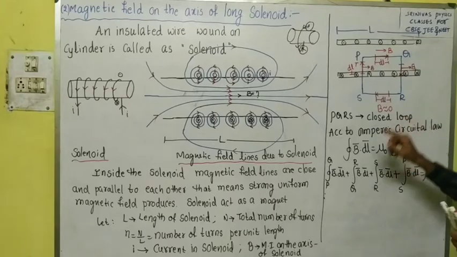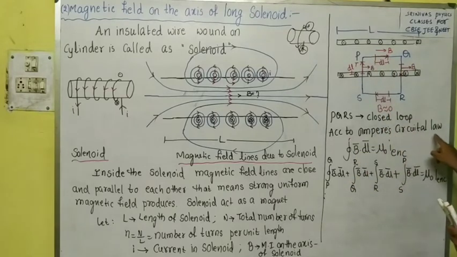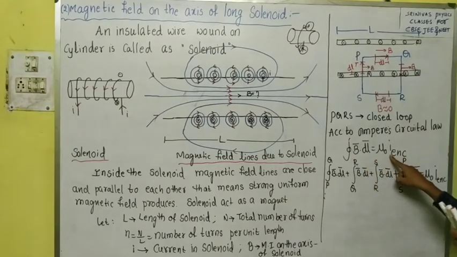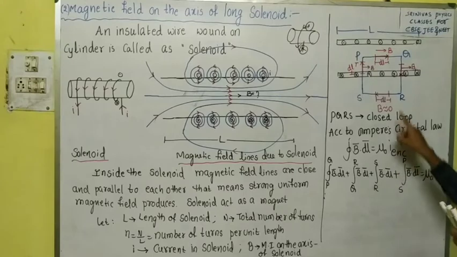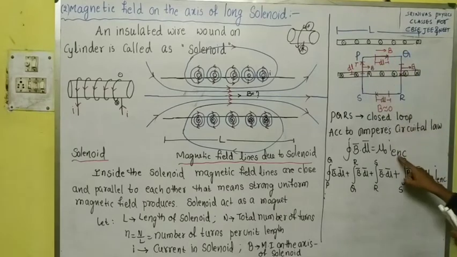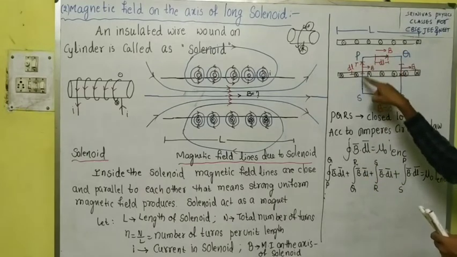Look here, according to Ampere's circuital law, the integration of B bar dot dl bar is equal to mu naught times the enclosed current. This PQRS is the closed loop. For this closed loop we have to write the enclosed current, and find the integration of B bar dot dl bar about this loop.